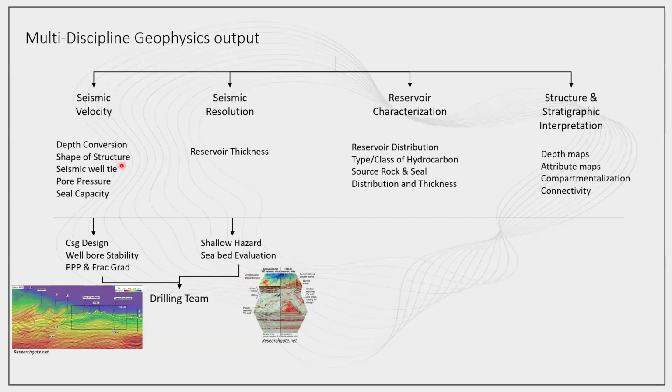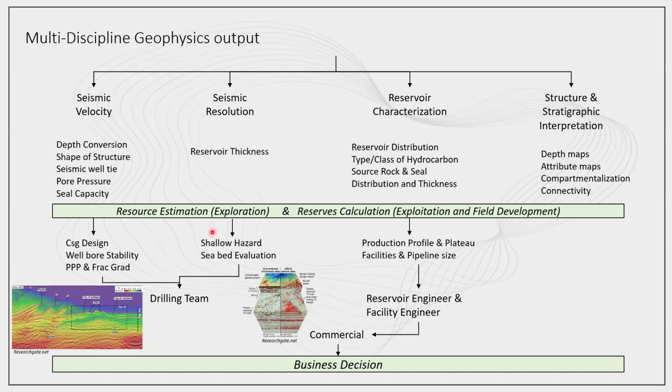Based on all these outputs, we can have a resource estimation during the exploration phase, or a reserves calculation during exploitation and field development. With the help of all those data, we can build up our production profile and plateau. We can build our facilities and pipeline size. All of that is given to the reservoir engineer and facilities engineer.